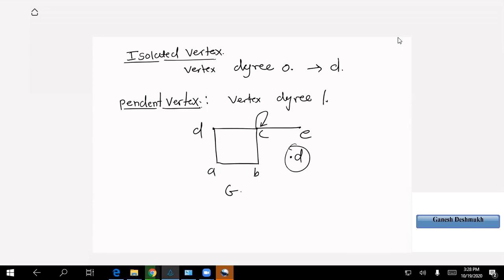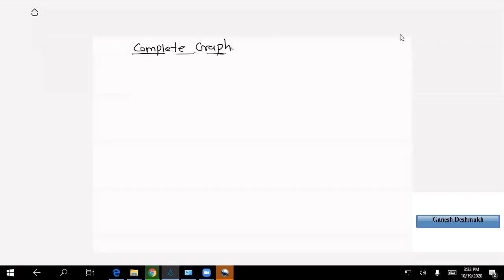So in the graph G, there is one vertex E whose degree is 1, and this vertex E is called a pendant vertex.